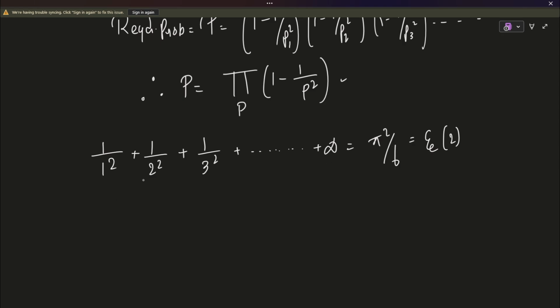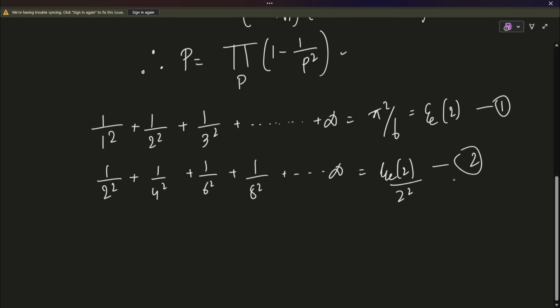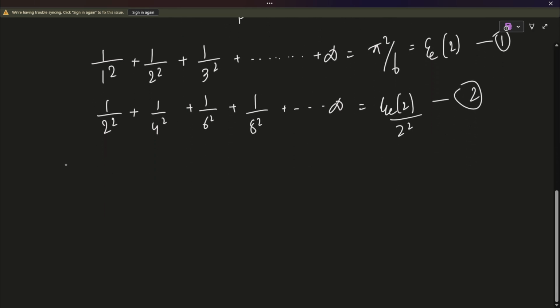Now multiply this equation by 1 by 2 square. What do you get on both sides? You get 1 by 2 square, 1 by 4 square, 1 by 6 square, 1 by 8 square, and so on, correct? And this would be zeta 2 by 2 square. If this is equation 1 and this is equation 2, what do you get if you subtract 2 from 1?